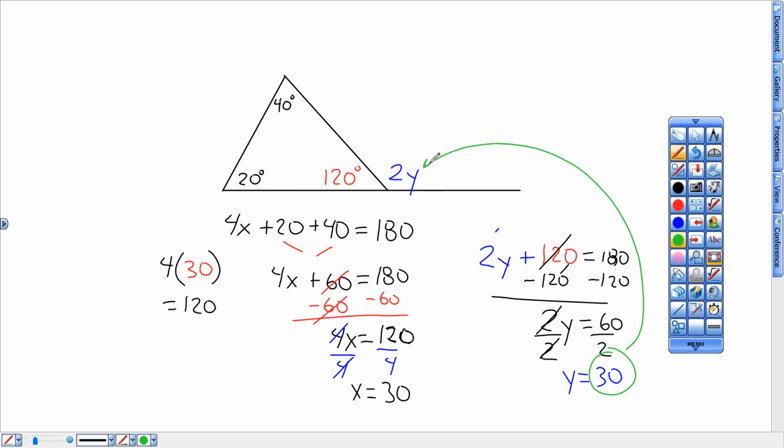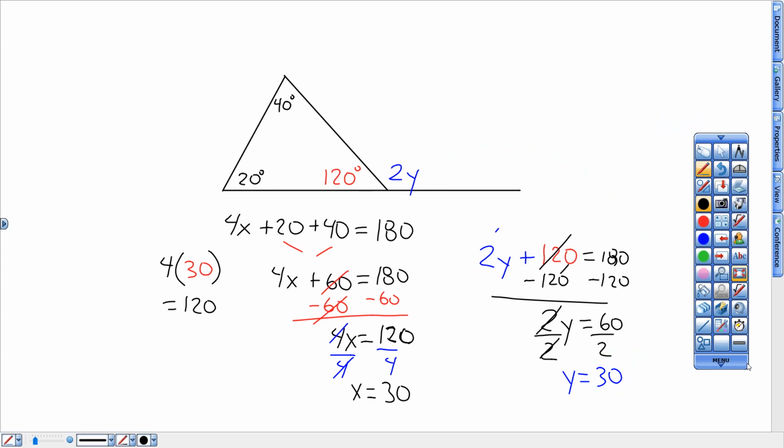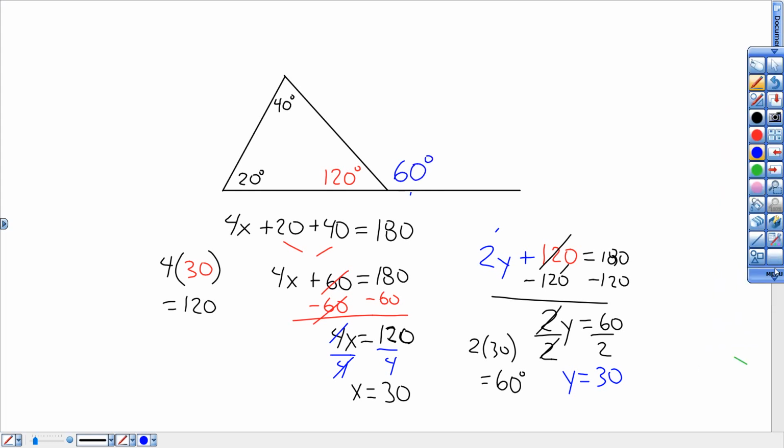So if I want to find out what that y degree really is, what that angle really is, just take that 2y and times it by 30. So that'll give me 60 degrees. So that 2y angle is 60, and that makes sense because 60 plus 120 is 180. That's one way to find y.